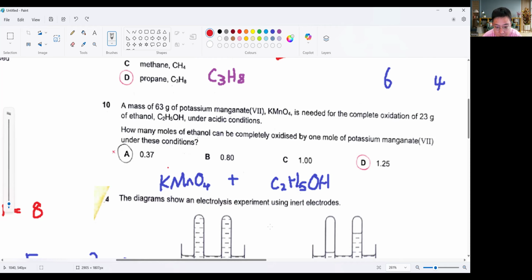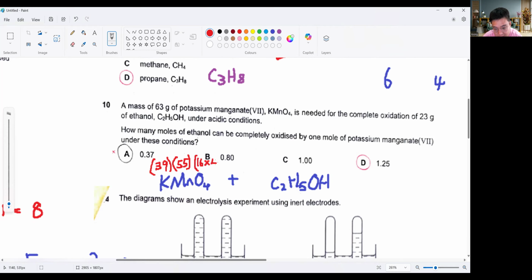Potassium is 39. Then manganese is 55. Y'all please double check on your end. And then this oxygen is 16.